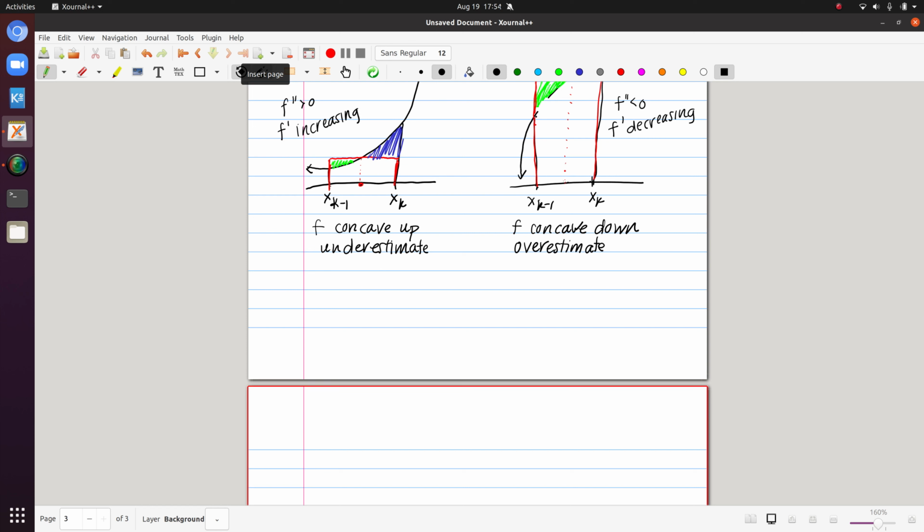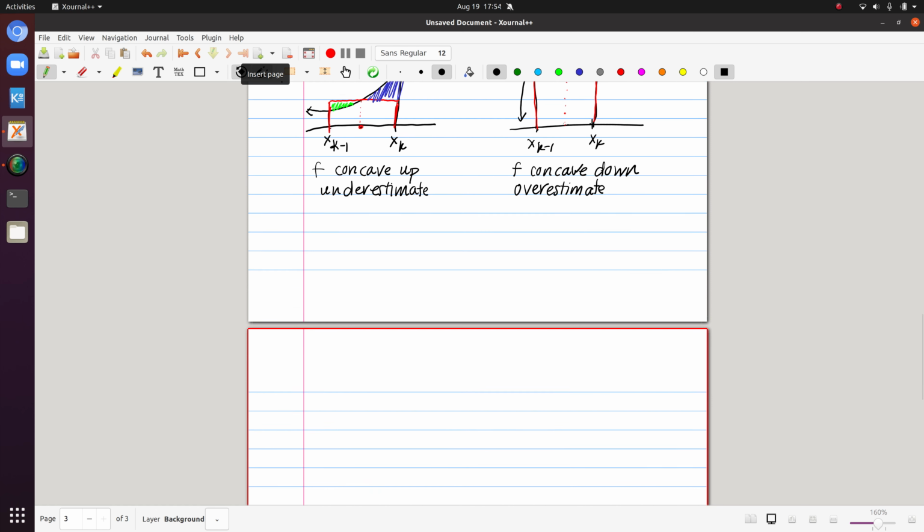So if a function switches from increasing to decreasing, you can't make a definitive statement without looking at it on a case-by-case basis as to whether the left or the right will be an over or an underestimate. The same thing goes if it switches concavity over the interval of interest. All of a sudden we have to be a lot more careful. So these are statements if you can say that it's always increasing or decreasing, or always concave up or concave down.